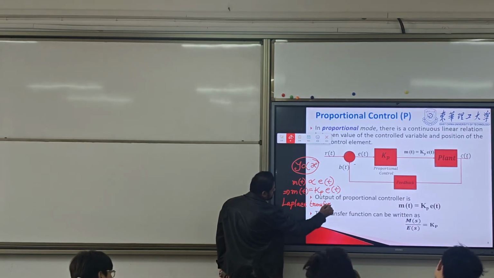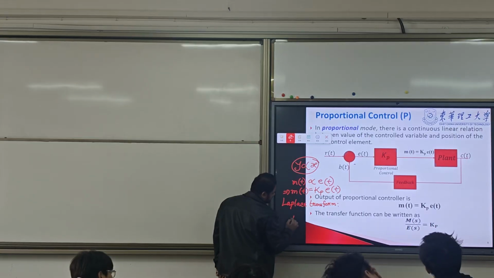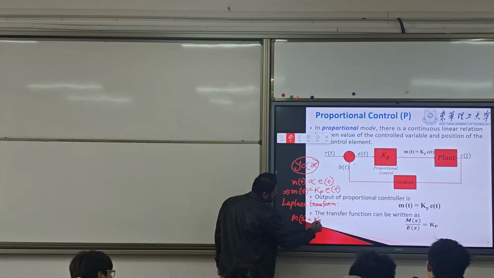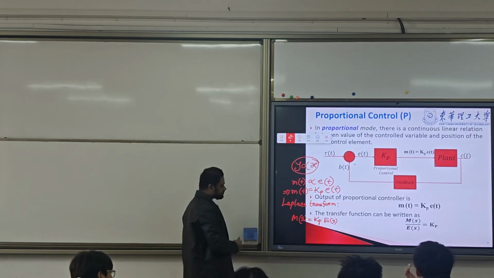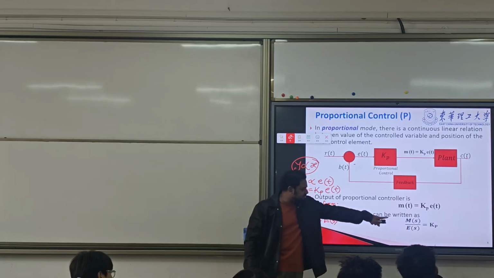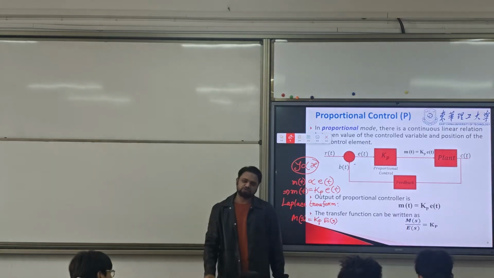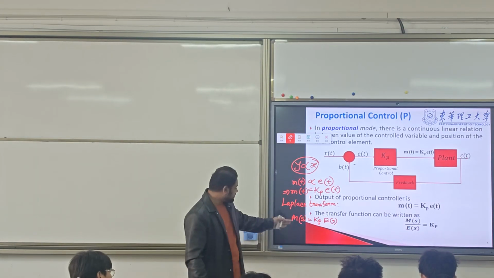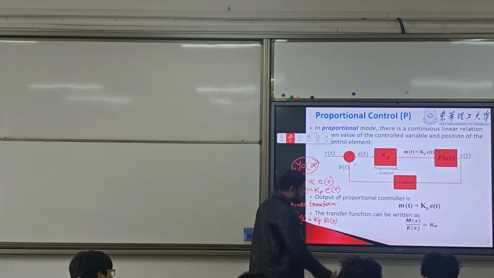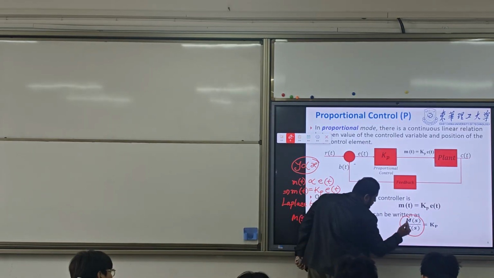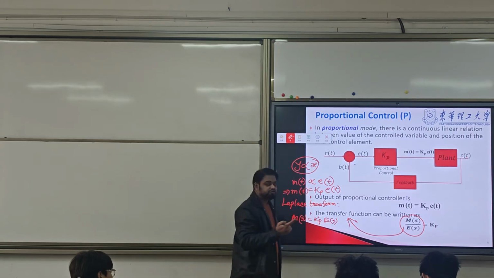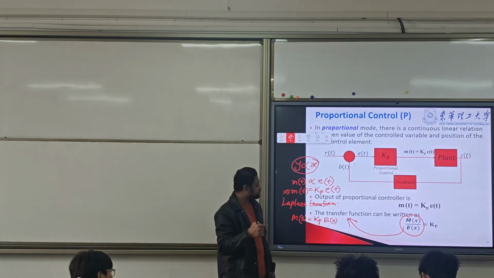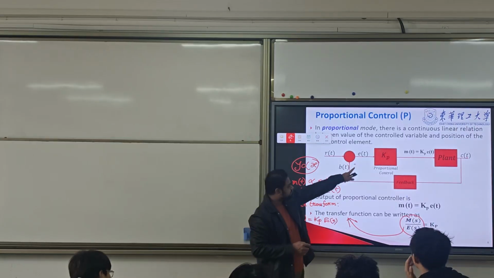So the Laplace transform, Kp into E(t) will be converted into E(s), which will give you M(s) by E(s) equal to Kp. So Kp is constant. What is M(s) and E(s)? This is called the controller transfer function.